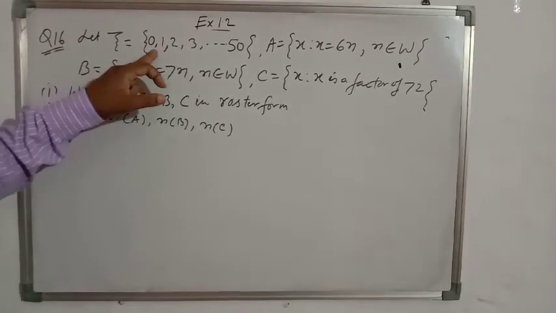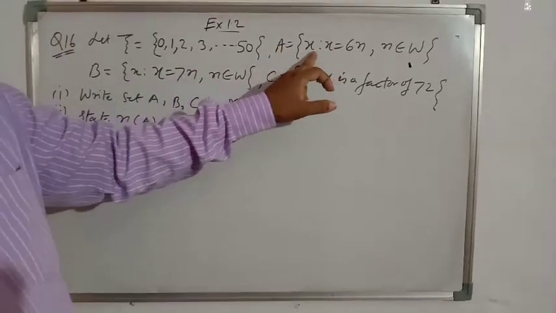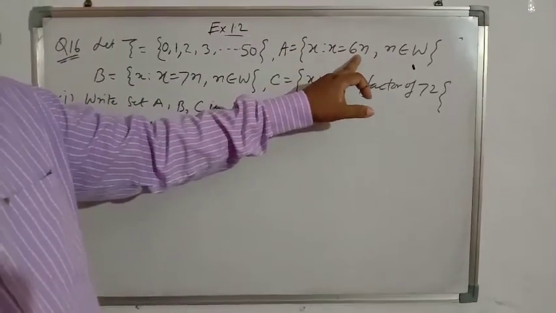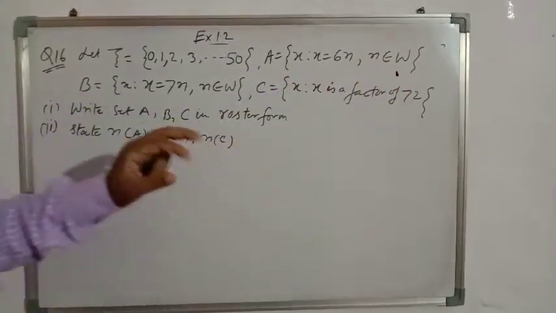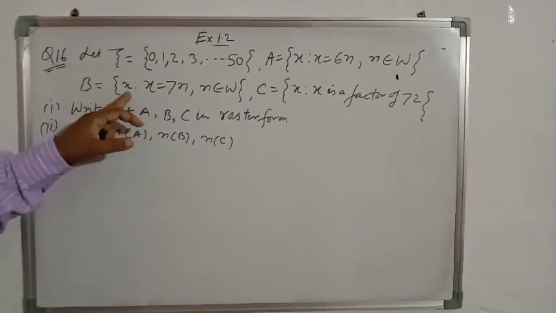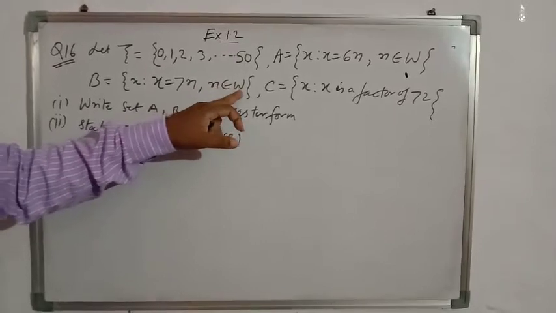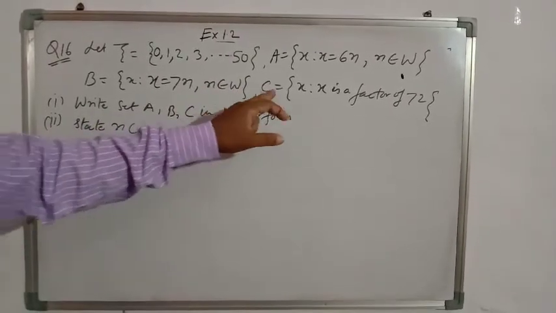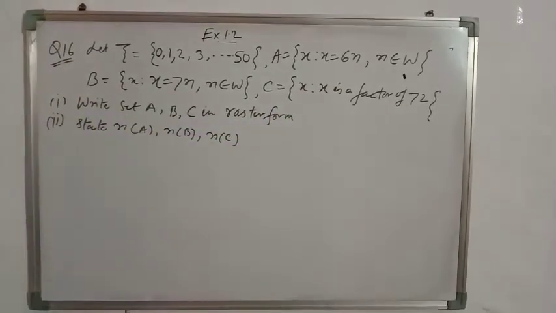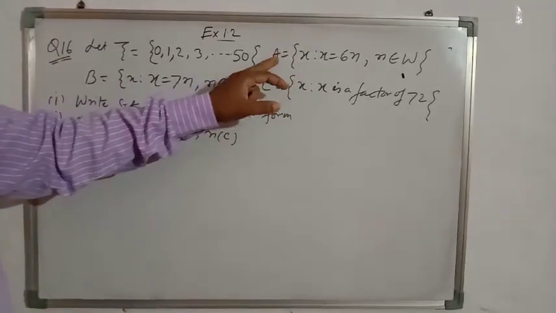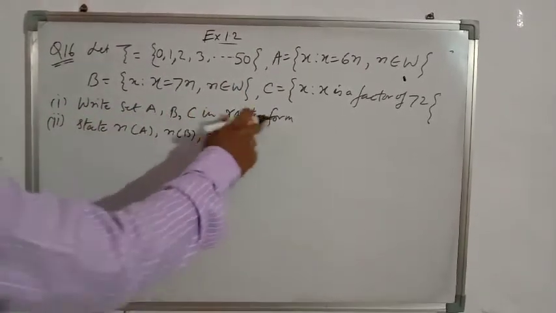The universal set is given from 0 to 50, and set A is equal to x such that x is equal to 6n, meaning multiple of 6, where n belongs to whole numbers W. B is the set such that x is equal to 7n and n belongs to W. C is another set, x such that x is a factor of 72. We have to list all the elements of sets A, B, C in the roster form.